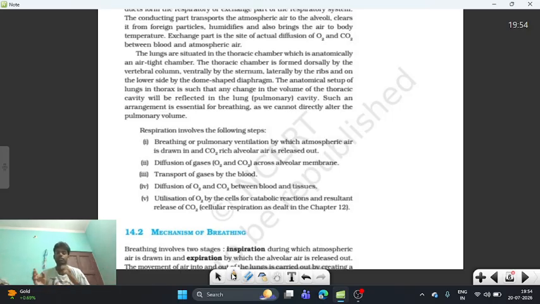And then diffusion of oxygen and carbon dioxide between blood and tissues: the organ takes the oxygen up and gives carbon dioxide to the blood. And finally the carbon dioxide laden blood goes to the lungs, and the carbon dioxide goes outside. Till this we have covered.